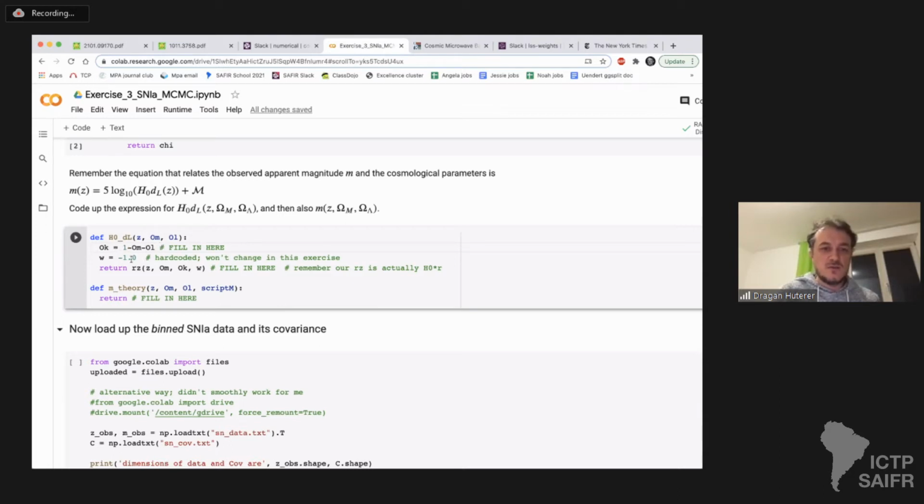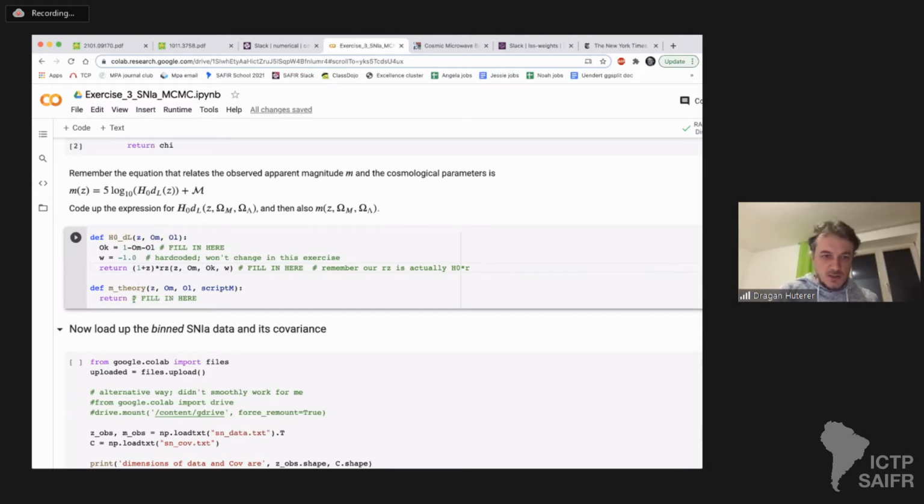So omega k is 1 minus the others. This is hard-coded. And then this is indeed 1 plus z times H naught R of Z. So R of Z times 1 plus Z is DL, and this already has times H naught. So that's that line. So I should be good there.